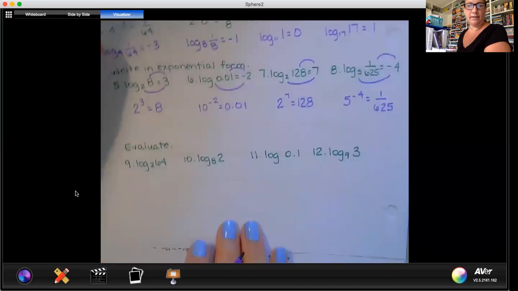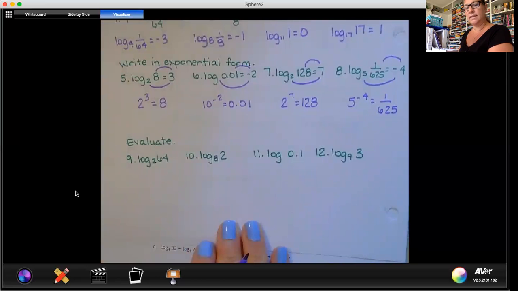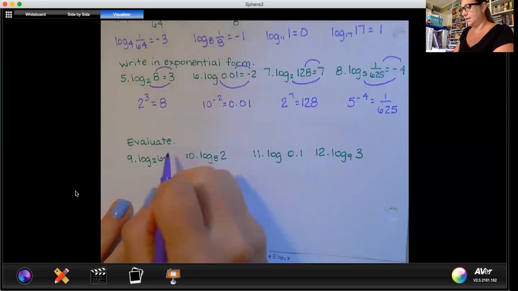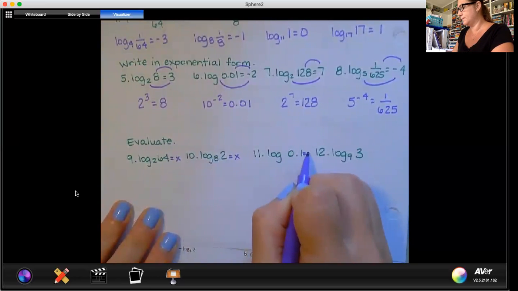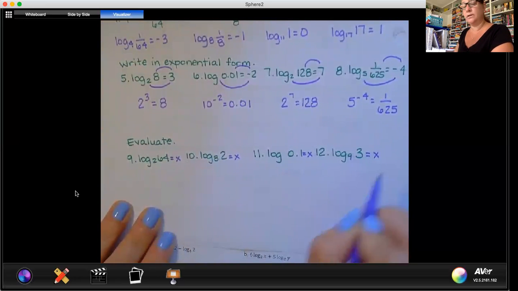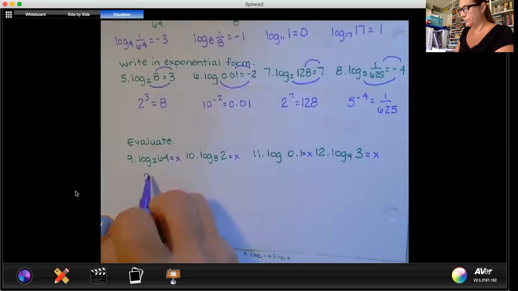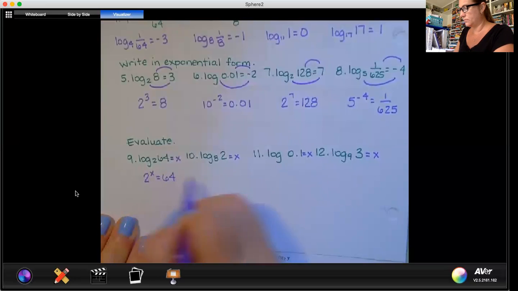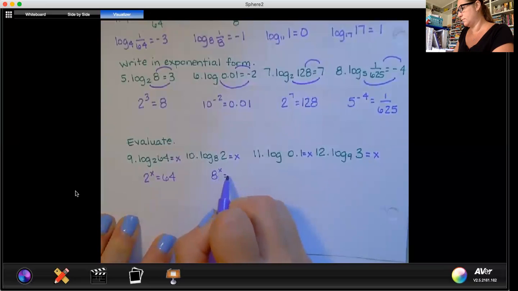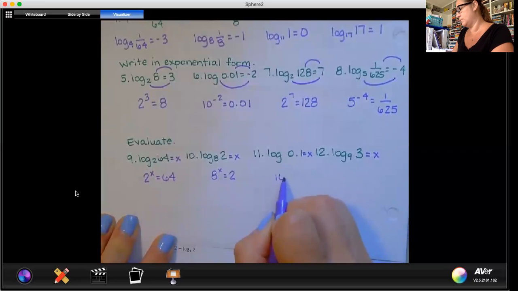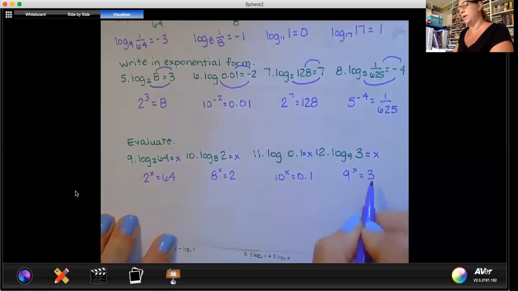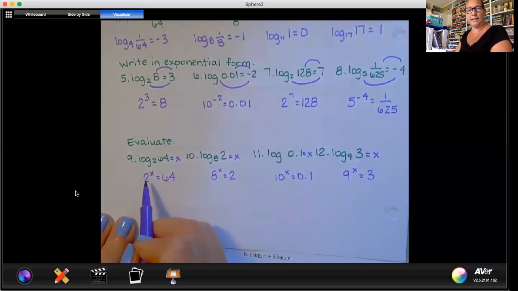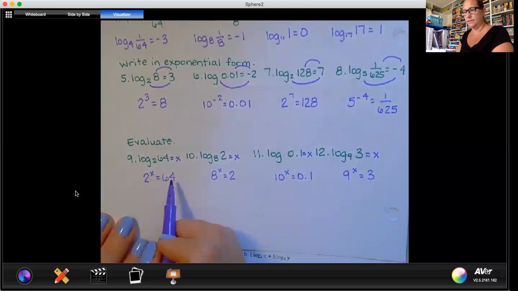Now, evaluate. We haven't done any of these yet. The easiest way to do these is to go ahead and set each one equal to x. Do the circle. And then figure out what power of your base is equal to the number on the other side.